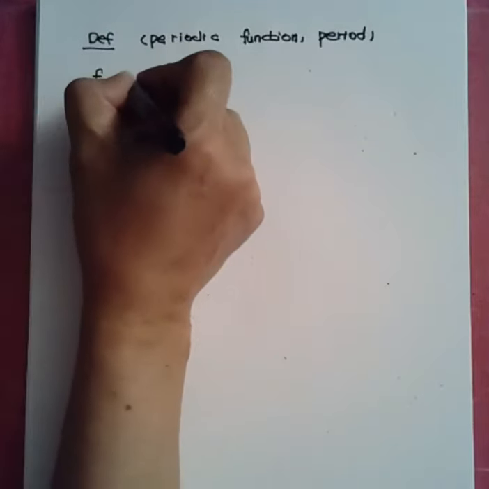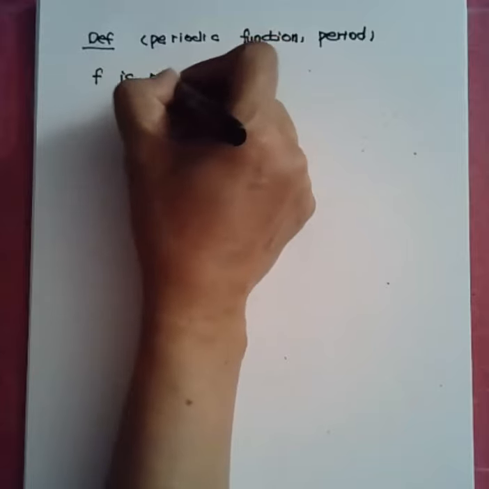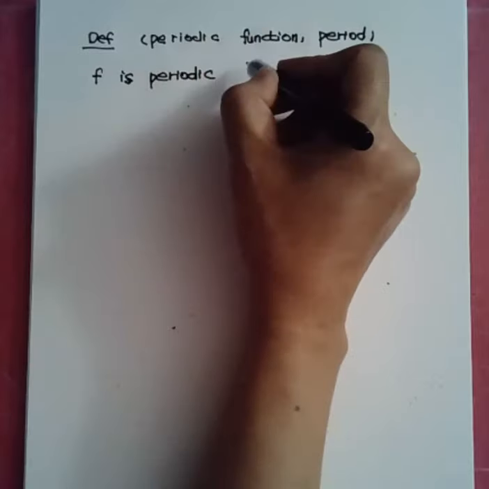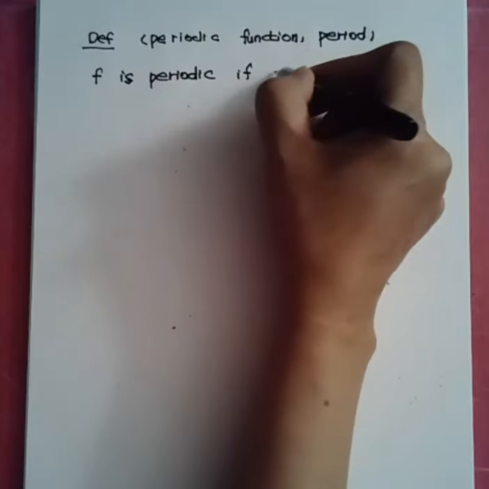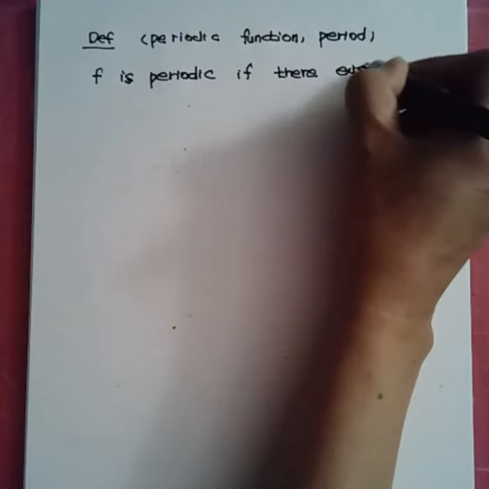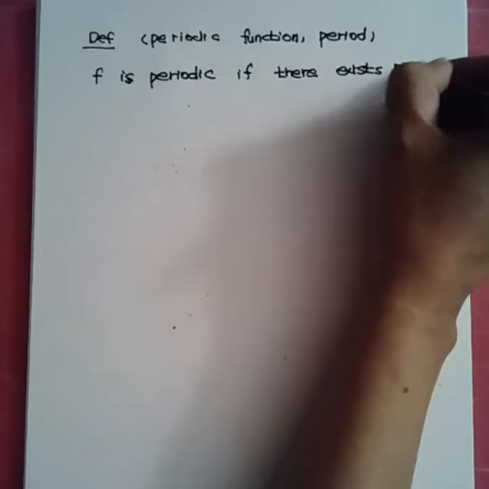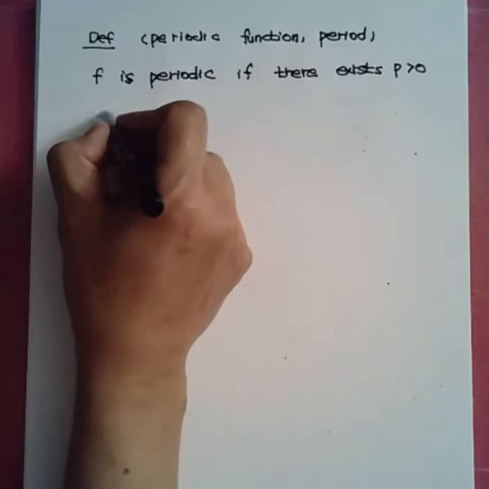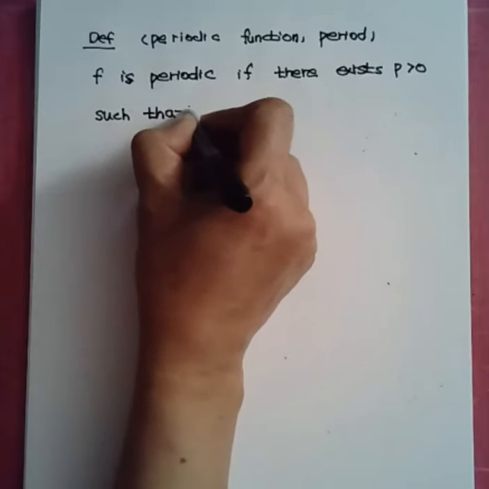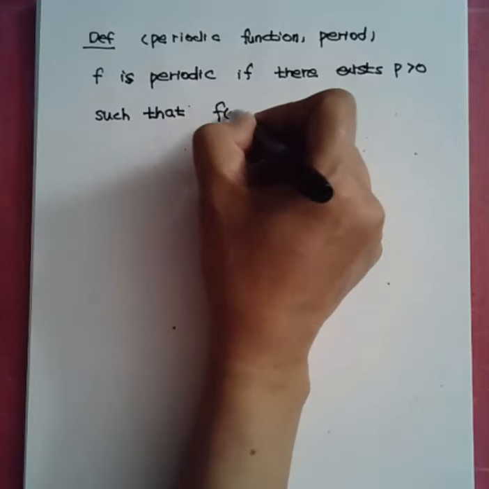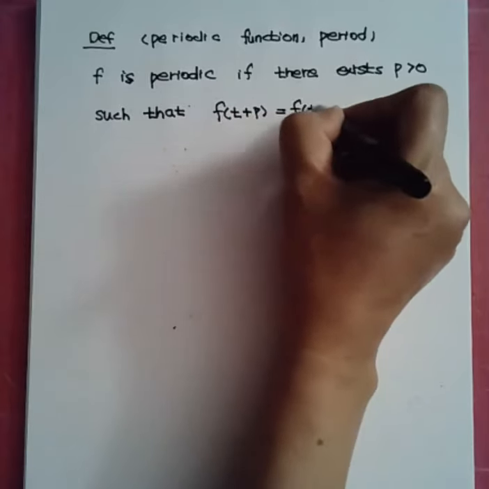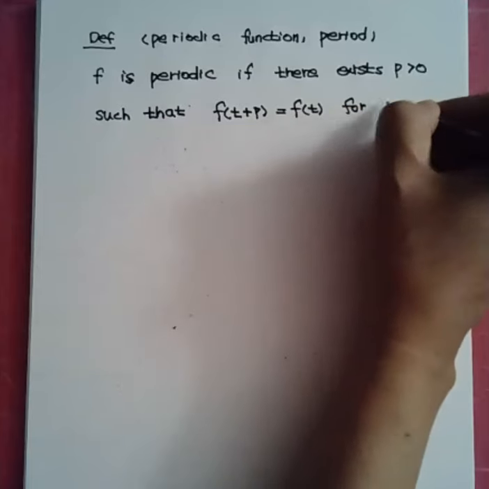The function f is periodic if there exists a positive number p such that f of t plus p equals f of t for every t.